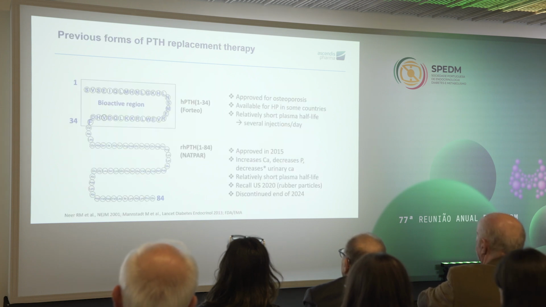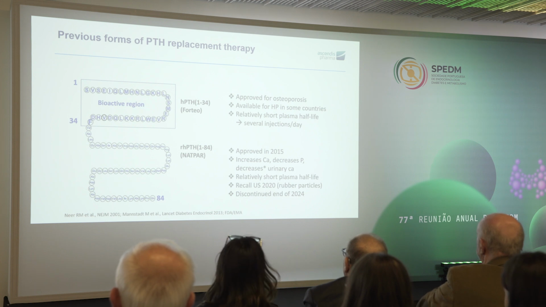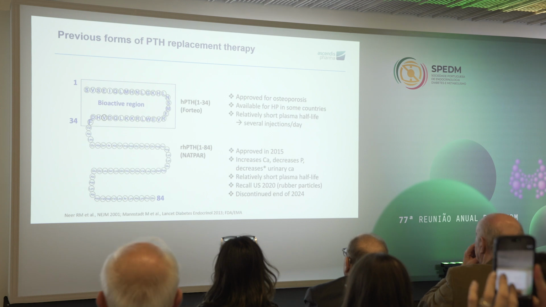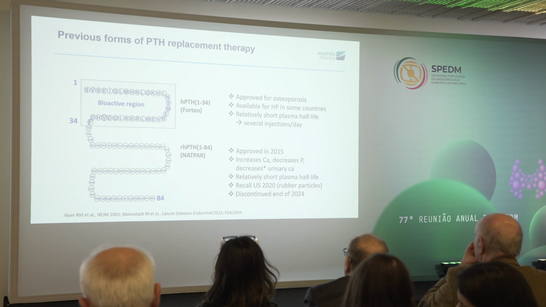And this was one of the previous forms of PTH replacement therapy. There was another product. This was recombinant PTH 184. This was approved and used also in numerous countries in Europe, but also in the USA.